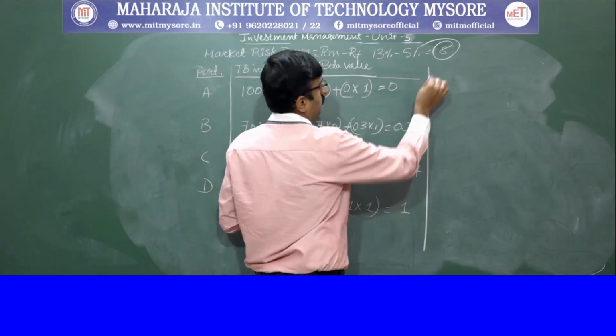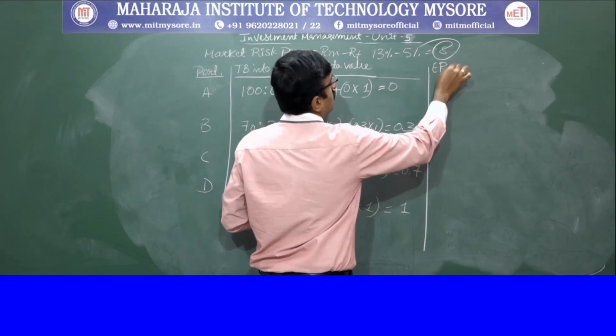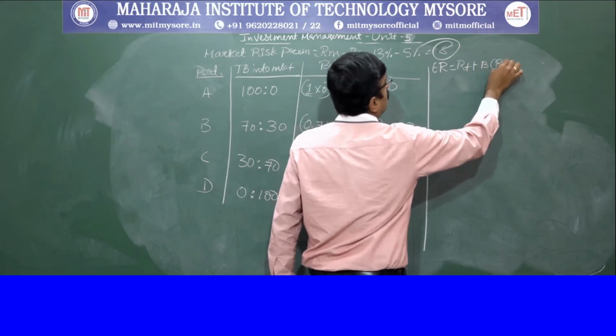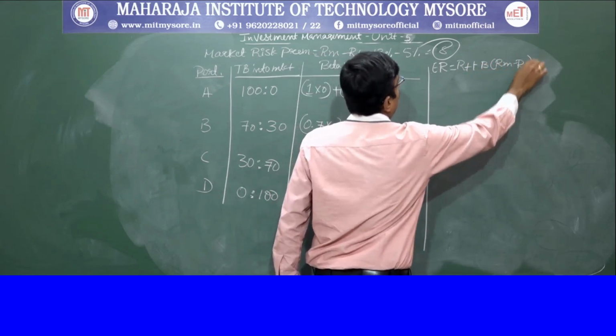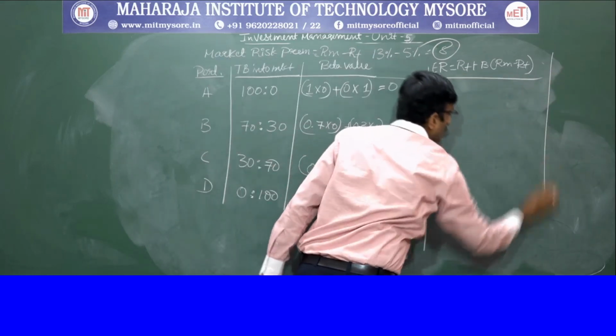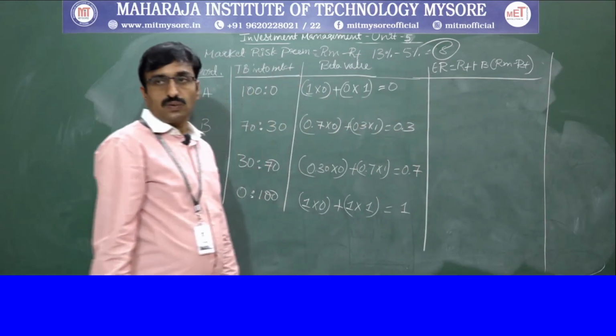Based on this, you find the expected return: ER is equal to RF plus beta into RM minus RF. RF is 5, and RM minus RF is 8.